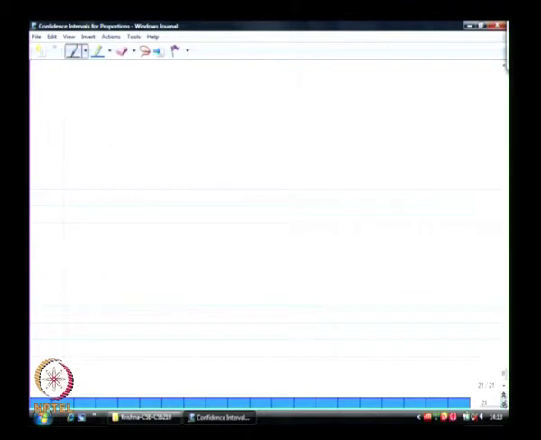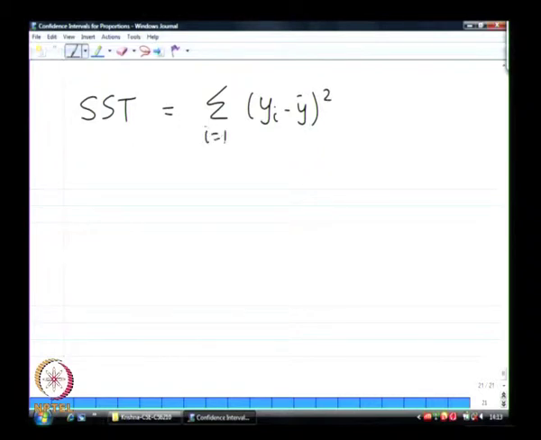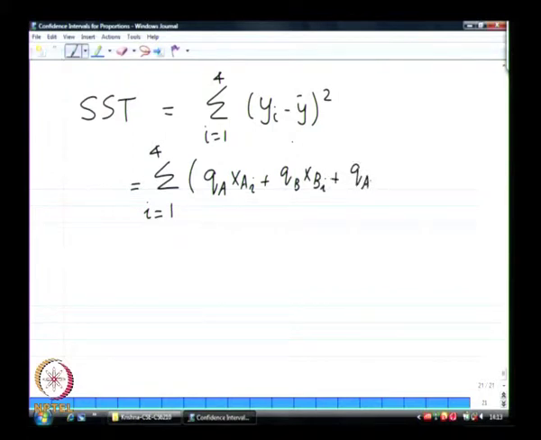Fair enough. Okay, so now we wanted to get that SST expression, right? So SST is the total variation, which is simply the sum of yi minus y bar whole squared, i equals 1 to 4. And since we just now did y naught equals y bar equals q naught, this is nothing but an expression that looks like this: qa into xai plus qb into xbi plus qab xai xbi, whole squared, right.